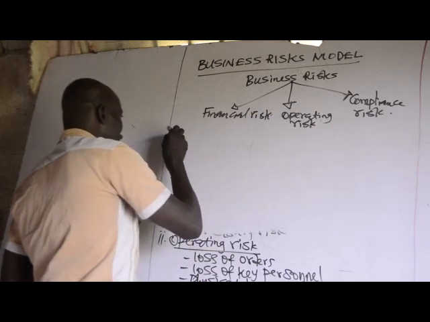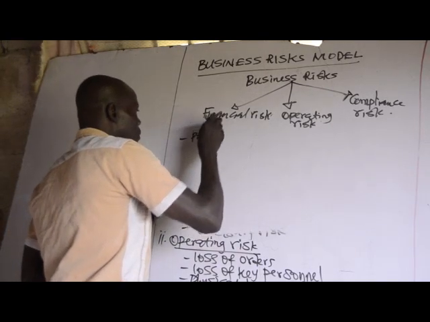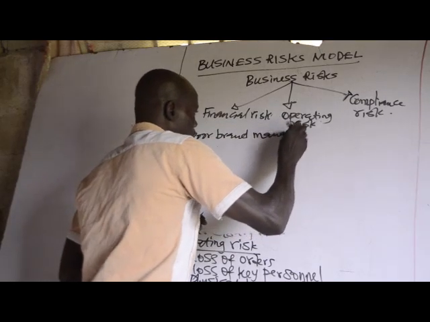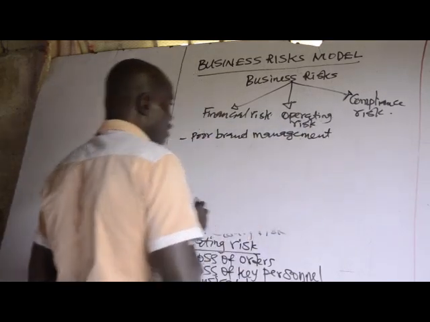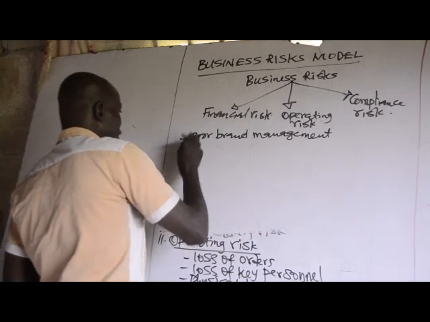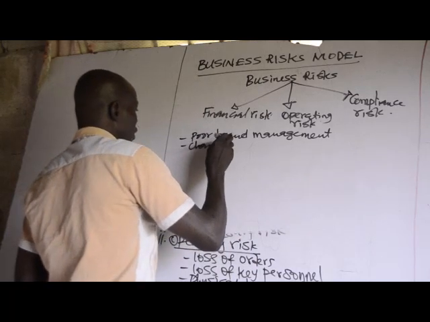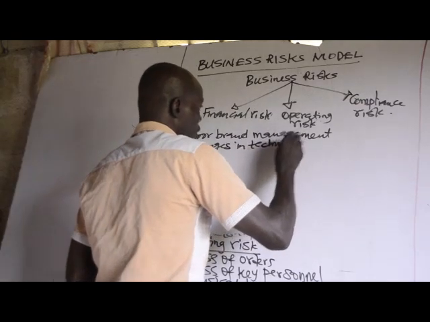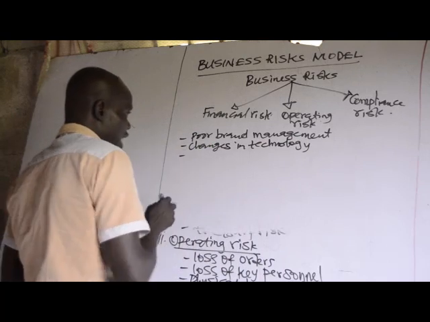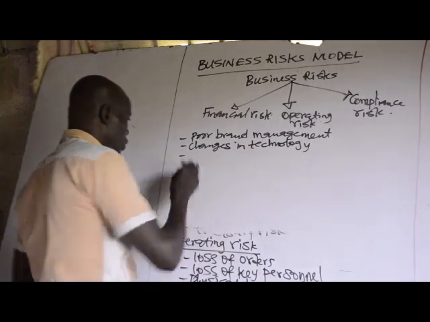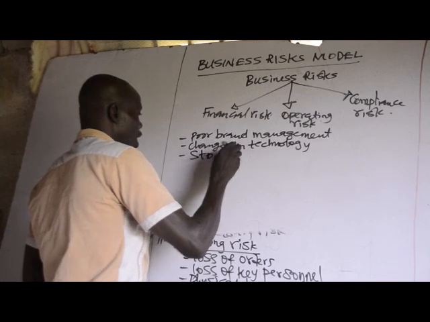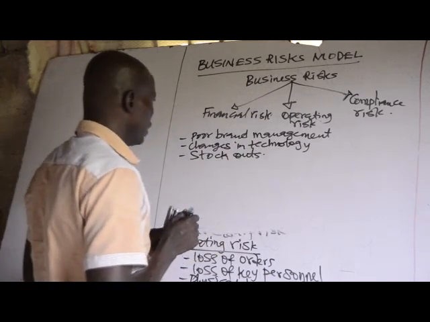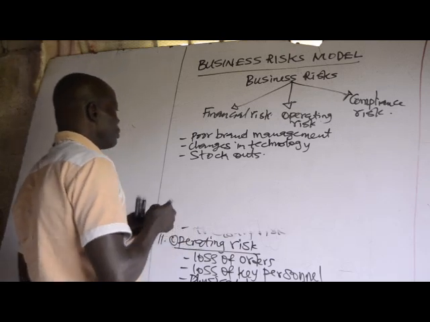Number five, we have changes in technology. Then we also have stock out. These are examples of operating risk.